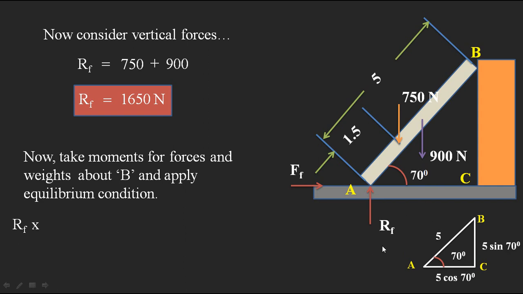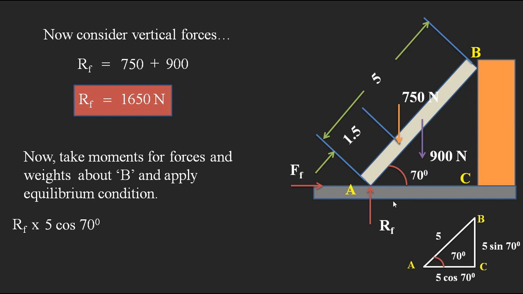To find the moment of RF we need the perpendicular distance, that is AC, which is 5 cos 70 degrees. So RF into 5 cos 70. And carefully observe here: FF and these two weights, 750 and 900 newtons, with respect to point B. When you consider this force of friction, it tries to rotate in the anti-clockwise direction. Sorry, RF is in the clockwise direction, I told you it is anti-clockwise.